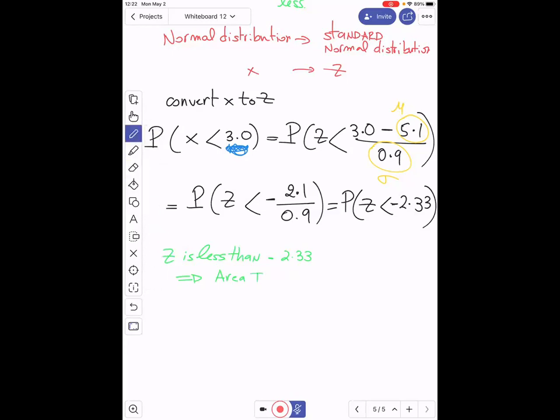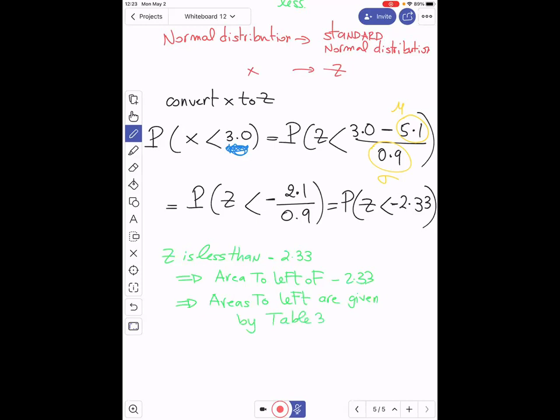So this is the area to the left of negative 2.33, right? When you have less, that's the area to the left, okay? And the areas to the left are given by the chart or table number 3.